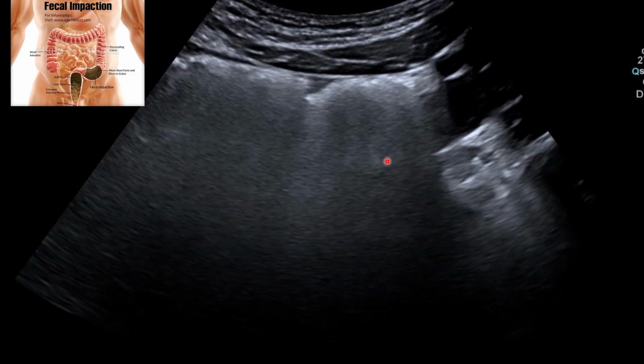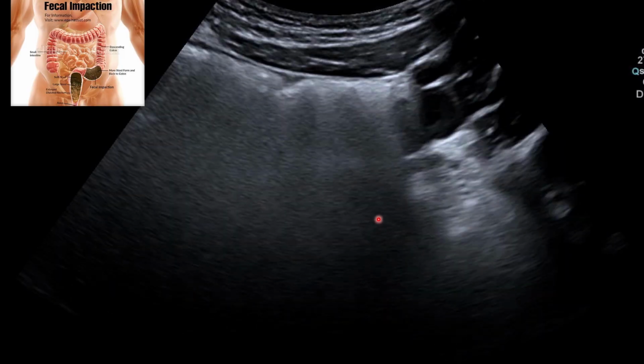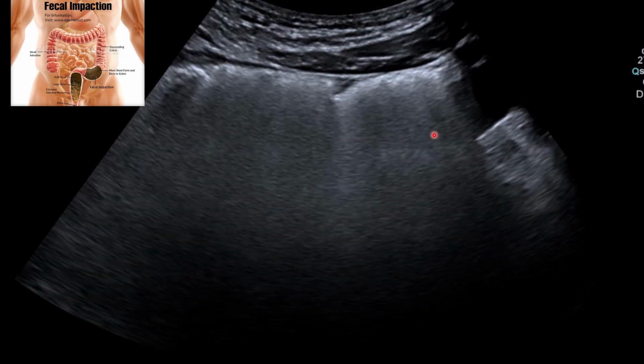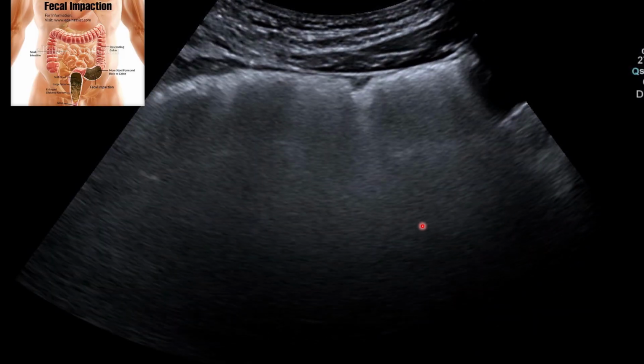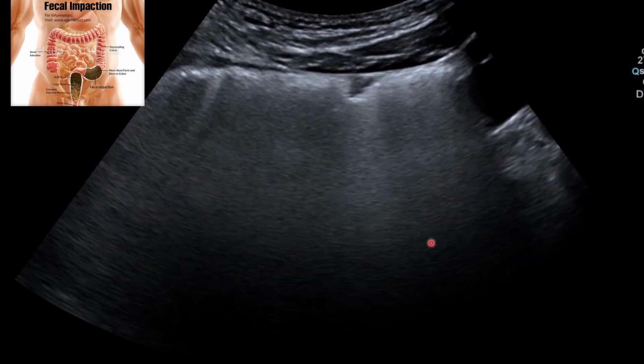So I hope now you've picked the signature markers that we use to distinguish the two.